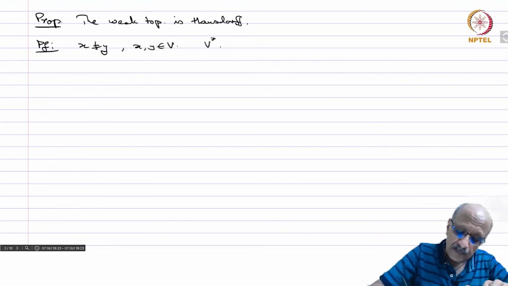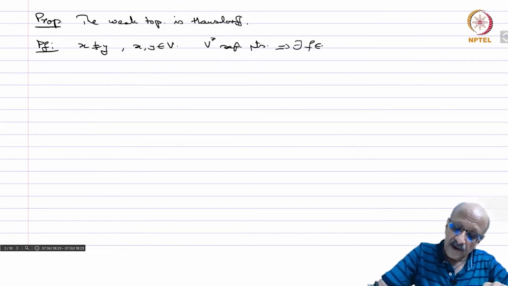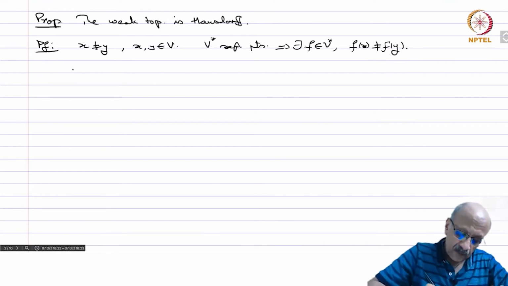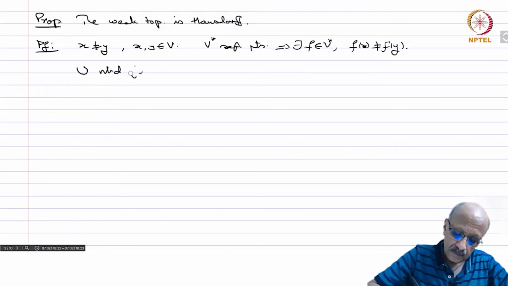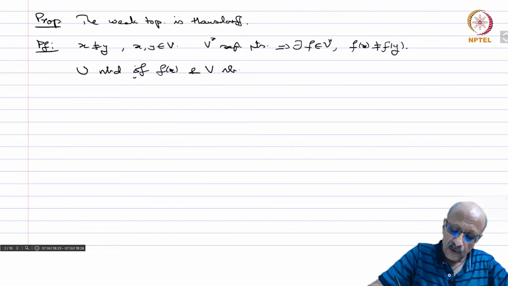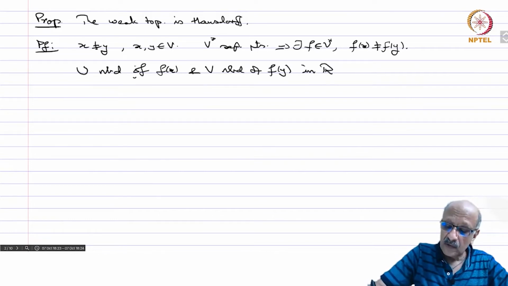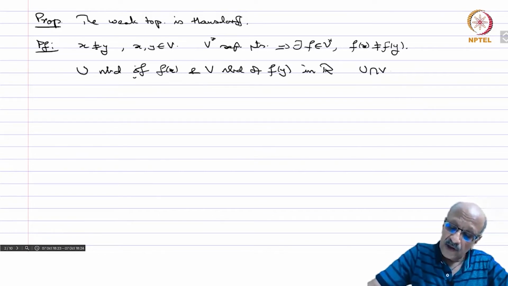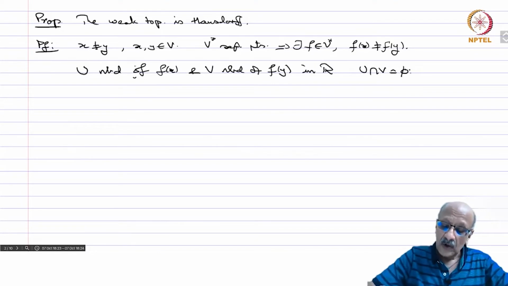Therefore, V star separates points implies there exists an f in V star such that f(x) is not equal to f(y). So let us take U a neighborhood of f(x) and V a neighborhood of f(y) in R or C or whichever you want, and then U intersection V is empty because the real line or complex plane is Hausdorff anyway, and therefore you can always find this.